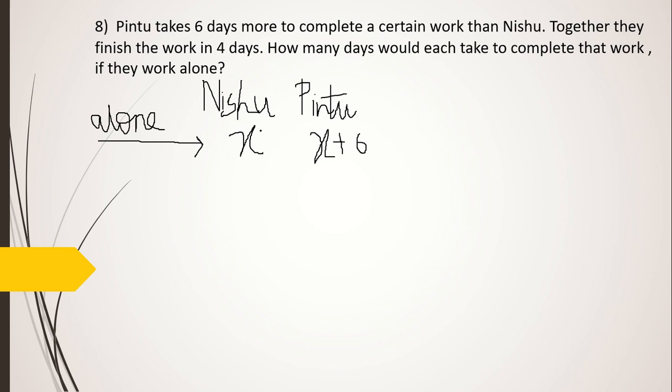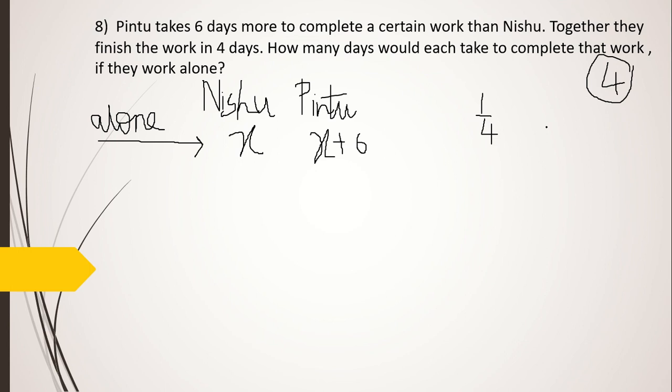Okay, if they work alone, Nishu completes the work in x days and Pintu completes the work in x plus 6 days. Now see, suppose a particular work is there and somebody finishes it in 4 days. Okay, means in one day that person will finish 1/4 part of it. We assume that every day same amount of work is done, equally it is done every day.